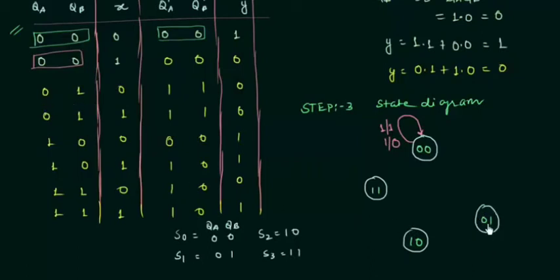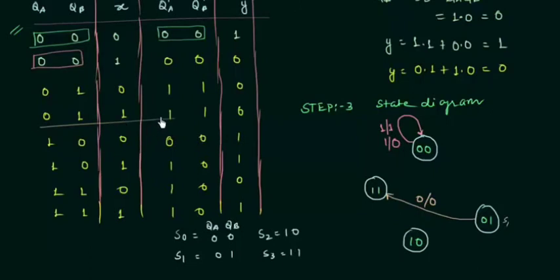Now let's see this case when the value of qa and qb is 0 1, it means we are on S1, the input is 0, and we are moving to 1 1. It means from S1 we are going to S3, and it is when the input is equal to 0 and the output is 0. I hope you are getting these things. Now let's see this case when we are on S1, 0 1, and the input is 1.